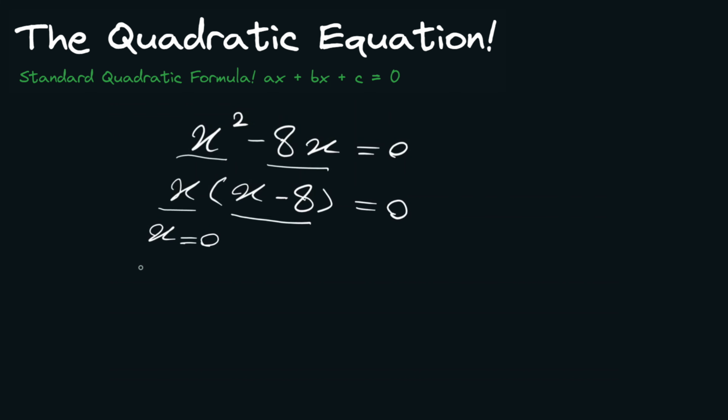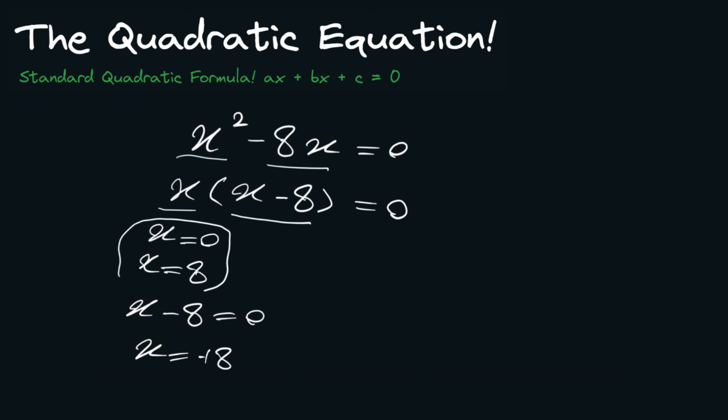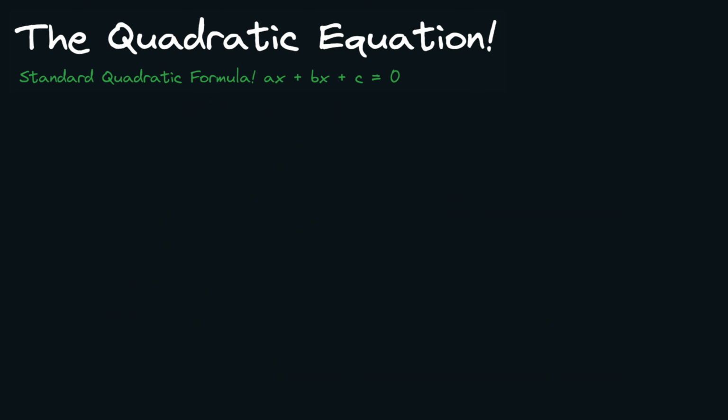So here it will be x equals 8. Why? X minus 8 is going to be equal to 0, so x should be plus 8. So these two are going to be our two solutions for the following quadratic. Really simple. Okay, so we can go on and add the constant now.